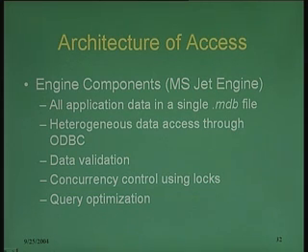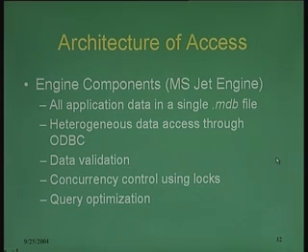So what are the different components of the Microsoft Access database? There is the engine of the Microsoft Access database. All data for a given application are stored in a single file which has the suffix .mdb, but even then you can access these MDB files in different ways using open database connectivity mechanisms.